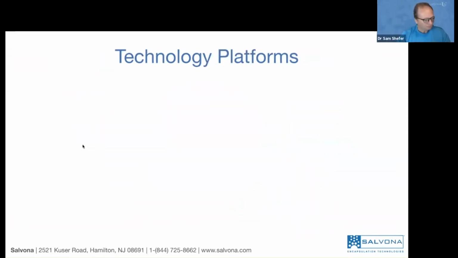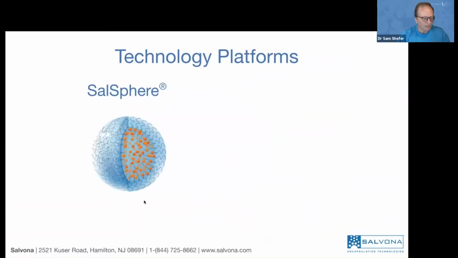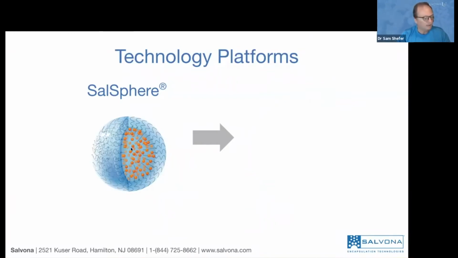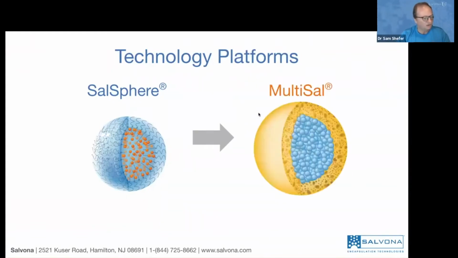Okay, so what's happening is we take Sal sphere technology and we re-encapsulate it into MultiSal. So what is MultiSal? It is encapsulated Sal sphere. Imagine we have an active ingredient. We first encapsulate it in Sal sphere. Then we take many Sal spheres and put them into one bigger particle, a particle that you can actually see without a scanning microscope.